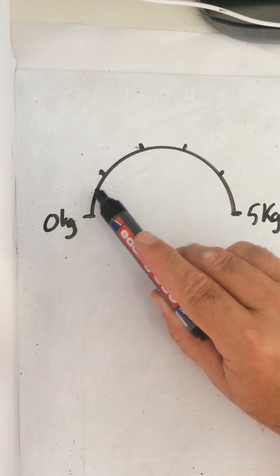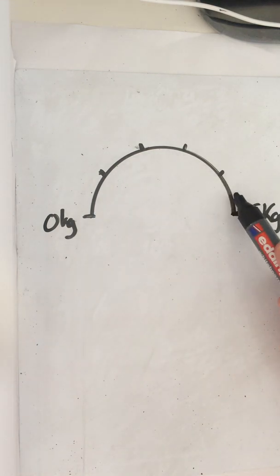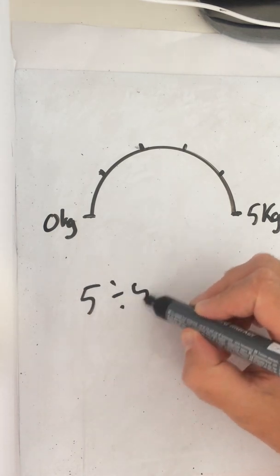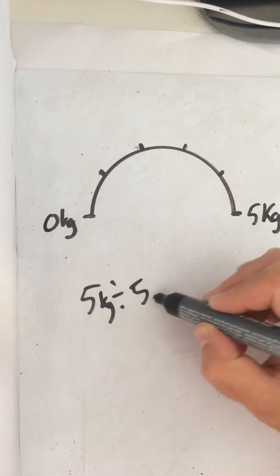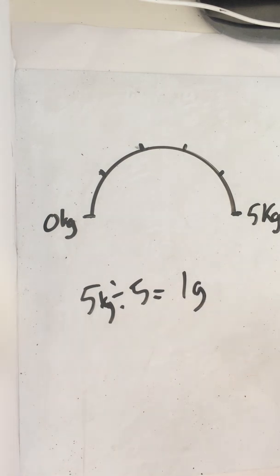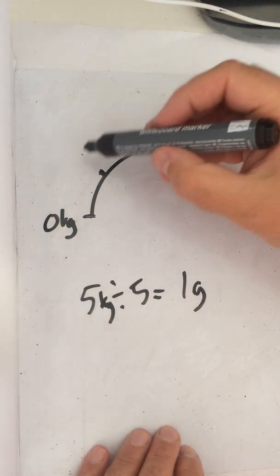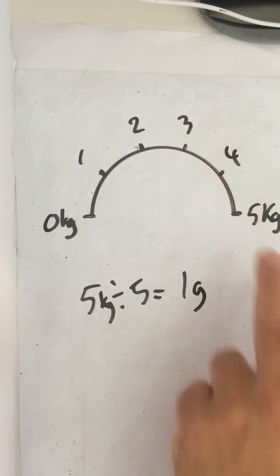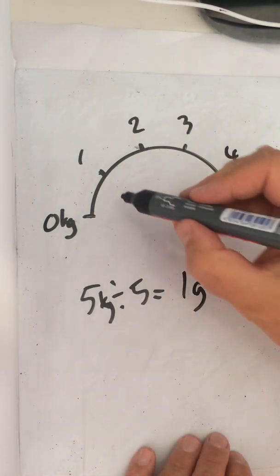We've got 1, 2, 3, 4, 5 sections. So it's 5 kilograms divided by 5 sections, which means each one is worth 1 kilogram. And you always just check: 1, 2, 3, 4, 5. So you've split them in there.